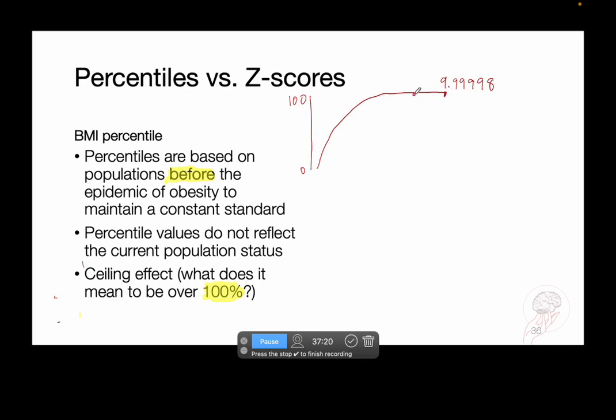It's tough to know what the difference between 99.999998 and 99.9977 is. But this could be a large amount of weight. It just looks small in terms of the percentages. This is called a ceiling effect. And it's called that because you can think of 100% as being a ceiling that we can never touch.